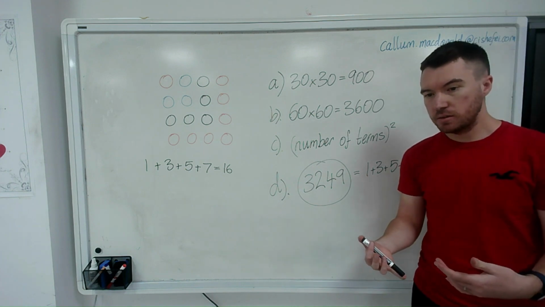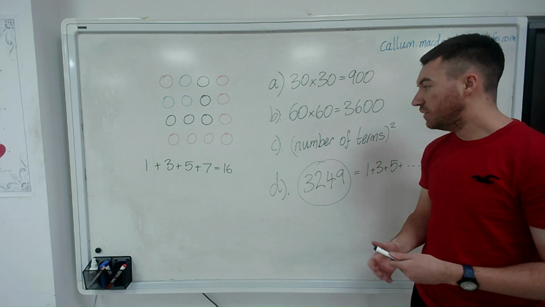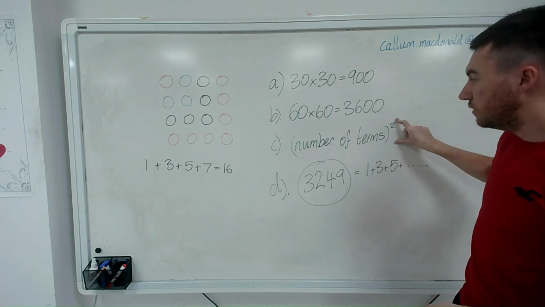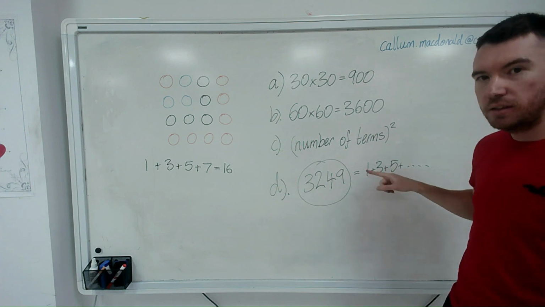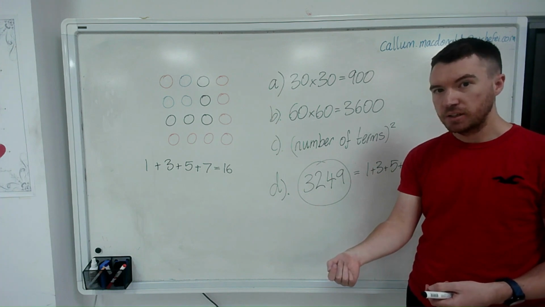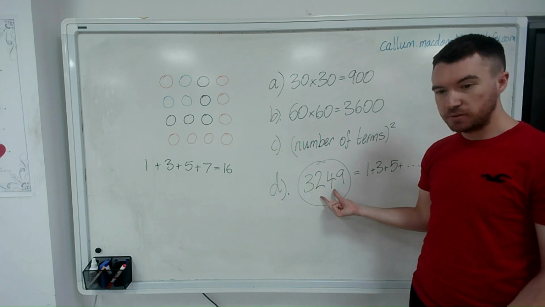And the answer is, I don't know because I haven't checked, but you can quite easily check by using your formula. So if this can be written as this, then there must be a number of terms, right? And this must be the number of terms times the number of terms.